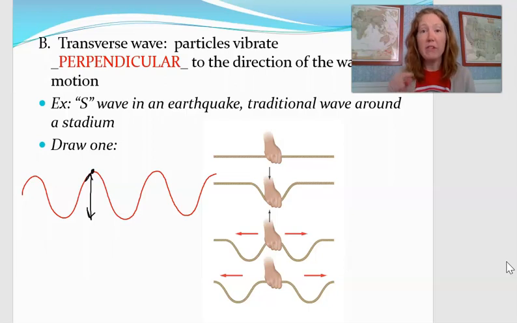The wave goes around the stadium, but the people who are the particles doing the wave stand up and sit down. So the wave, the disturbance, goes sideways around the stadium, but the people, the particles, stand up and sit down. That's perpendicular, okay?